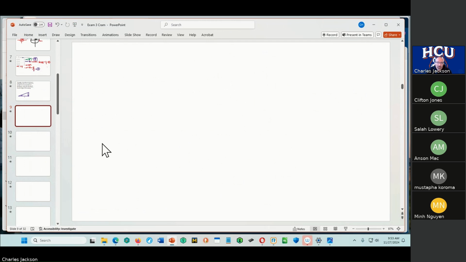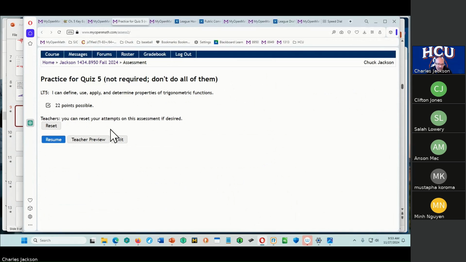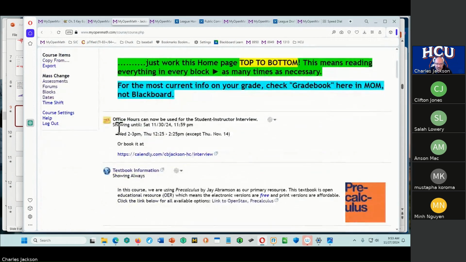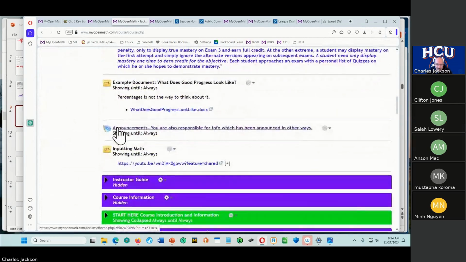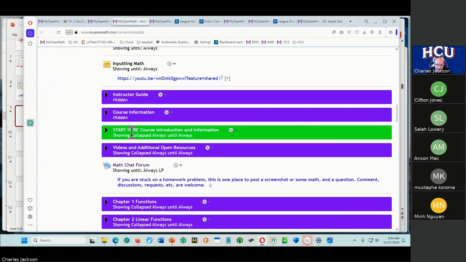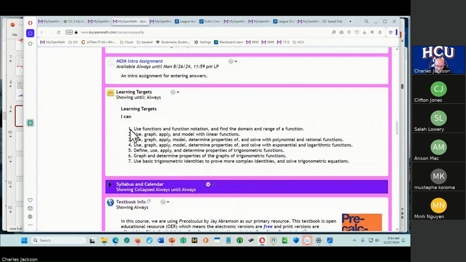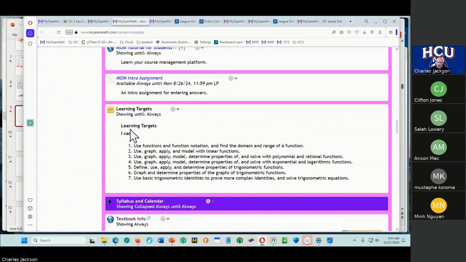Now, maybe before break, we'll take a look, at least peek at part 2 of quiz 5, because now with law of sines, law of cosines, to me, these all fell in with learning target 5: define, use, apply, and determine properties of trigonometric functions.